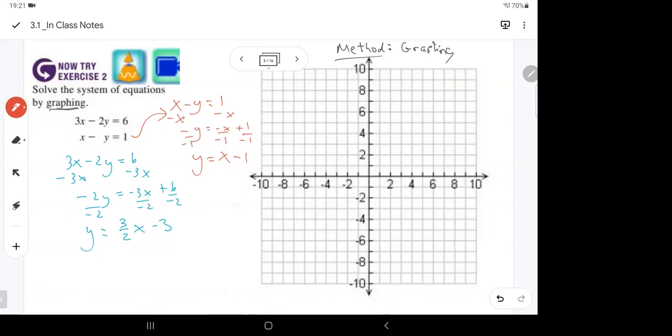So we're going to come to -1 on the y-axis, and we're going to go up 1, right 1. Up 1, right 1, and you just keep going right along this diagonal here.